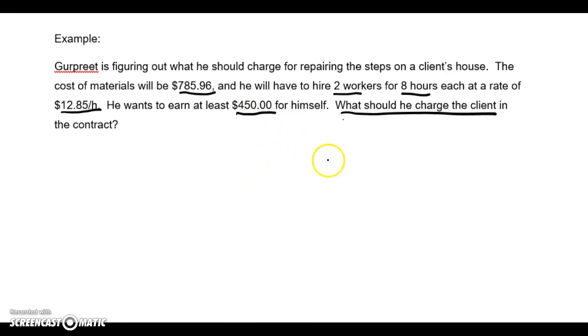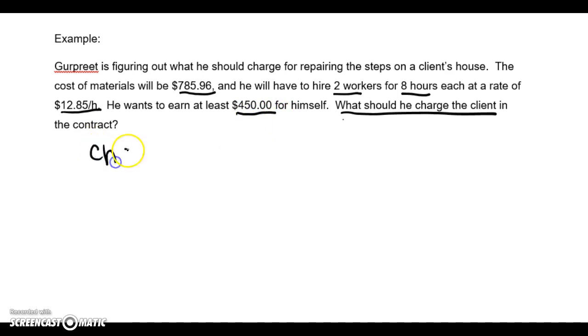So in terms of determining what he should charge the client for the contract, one thing that's really important here is that he wants to be able to pay off all of his costs, which include his materials and his workers, and then come out with $450 for himself. So essentially all of those costs, including what he's going to pay himself, should be what he's charging his client.